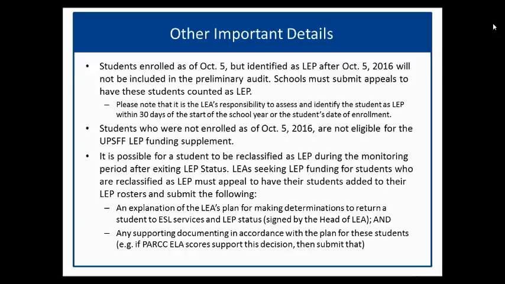Schools must submit appeals to have these students counted as LEP during the appeals window in December. Please note that it's the LEA's responsibility to assess and identify the student as LEP within 30 days of the start of the school year or of the student's date of enrollment. If a student was not enrolled as of October 5th, then the student is not eligible for the UPSFF LEP funding supplement.